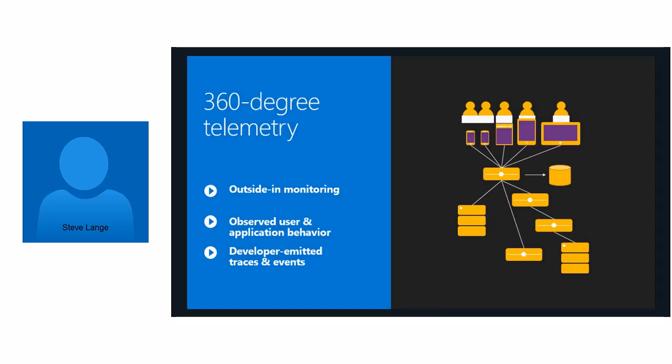It provides outside-in monitoring, so you can do things like ping environments. It'll provide you telemetry data about observed user and application behavior, and it also allows developers the flexibility to insert their own types of trace information, which can then be aggregated up to the service.